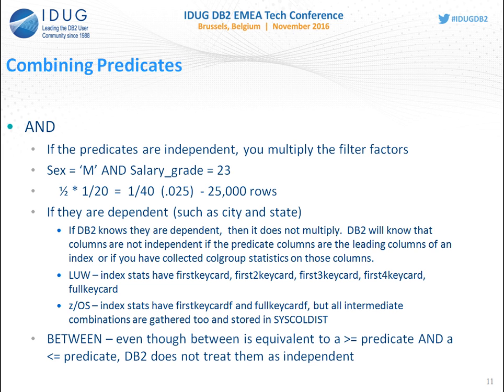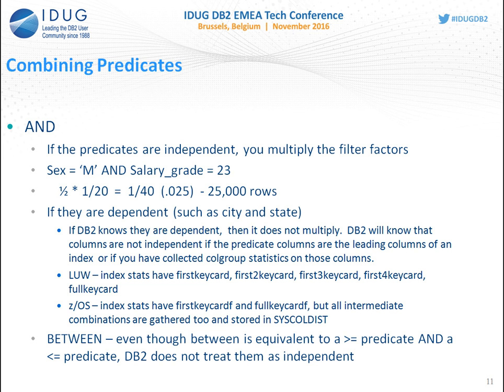If they're dependent, such as city and state, and DB2 knows they're dependent, it doesn't do a straight multiplication. DB2 will know that they're dependent if they're the leading columns of an index, or if we've collected column group statistics on those two columns.